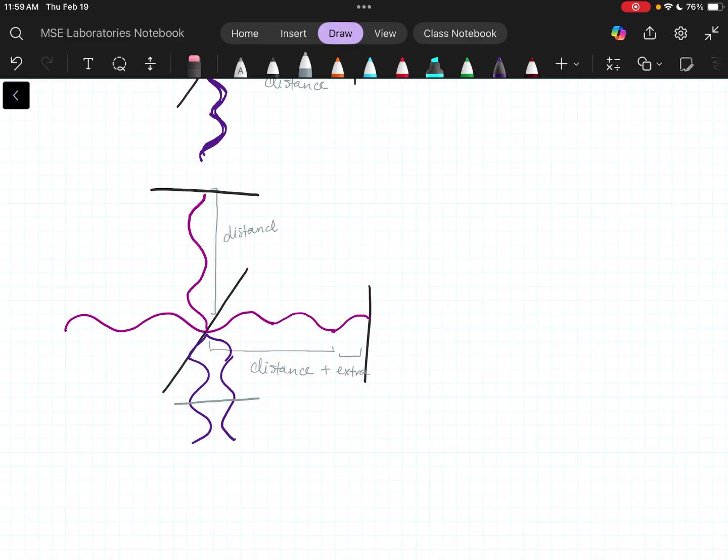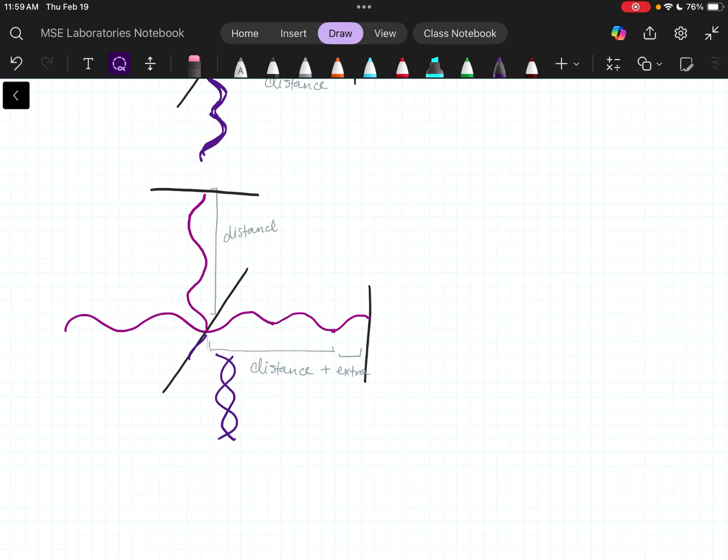Where now instead of being in line, they are perfectly out of line. They need to be parallel to each other? Everything on this is parallel because the mirrors are aligned. What I'm talking about here is the highs and the lows of the wave may or may not be aligned.